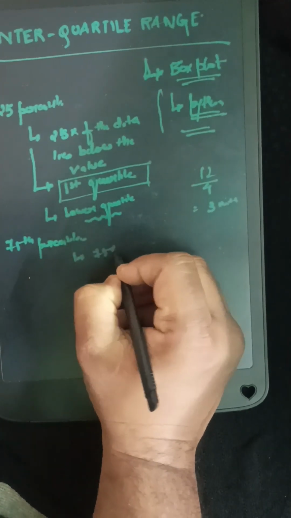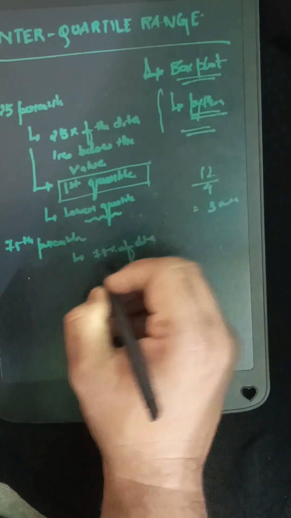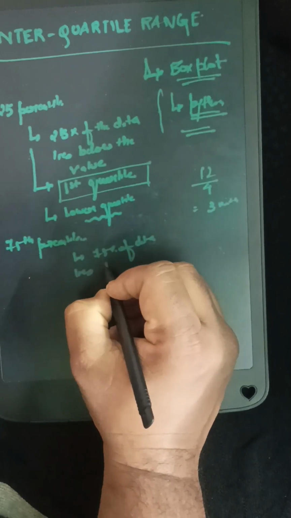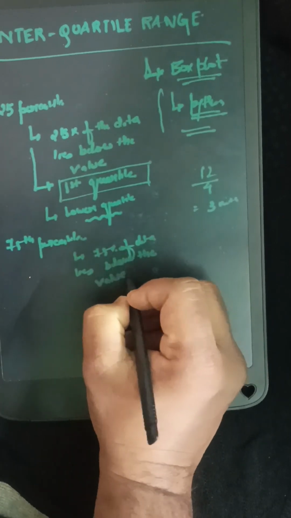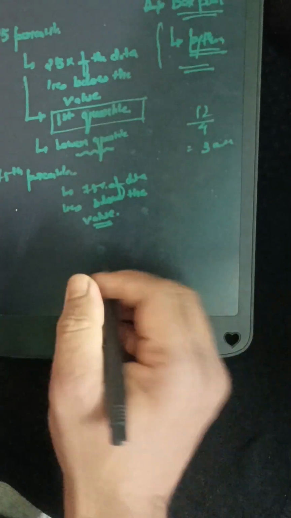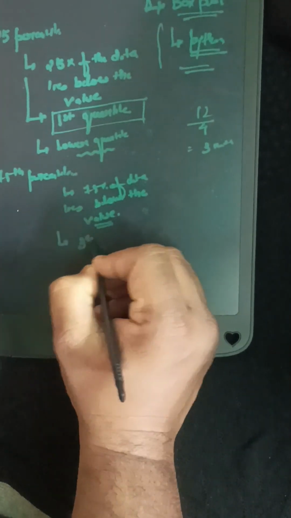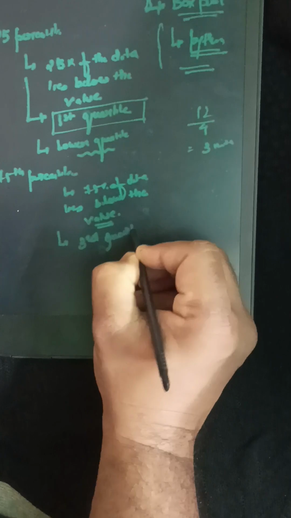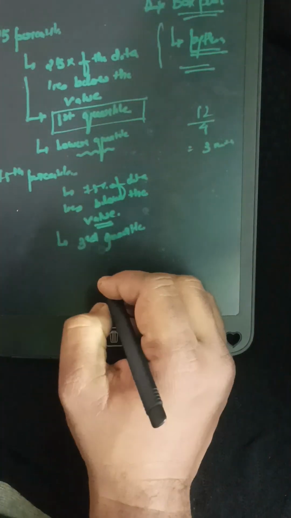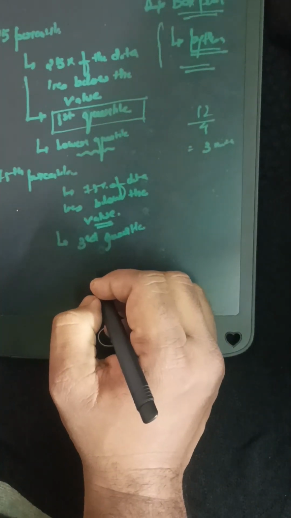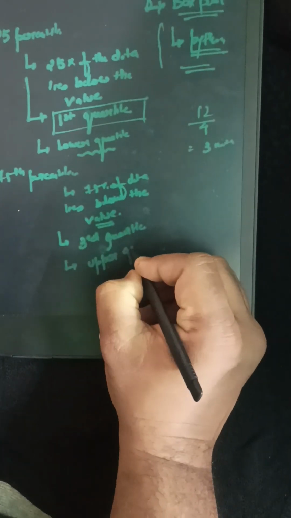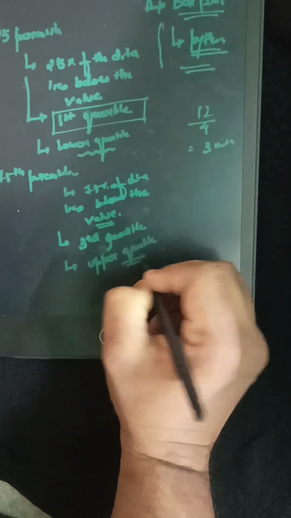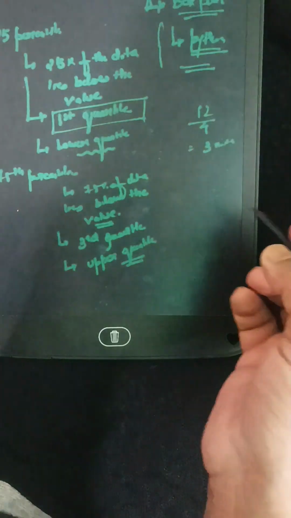It is that 75% of the data lies below the value which we have got, and it is termed the third quartile or upper quartile. Fine, I guess we are into it.